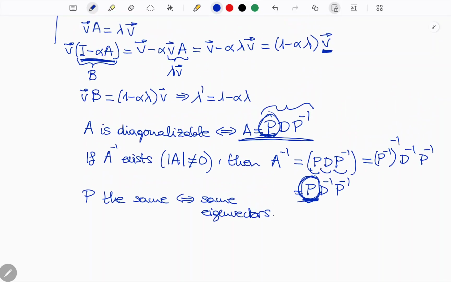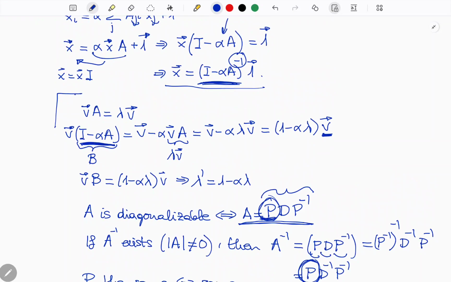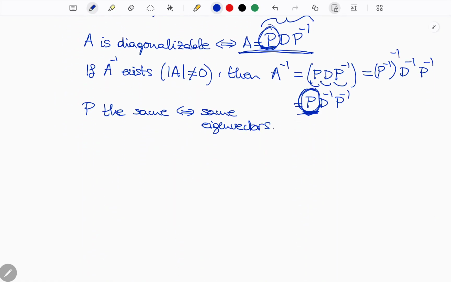So if in this case we were talking, instead of A, about this matrix here, which is the matrix now for which we want to know the result when I multiply this by 1, then by the way, the eigenvalues are going to be the ones that are in the diagonal of D to the minus 1, which are 1 over lambda i.